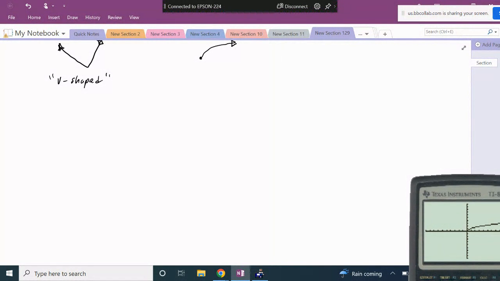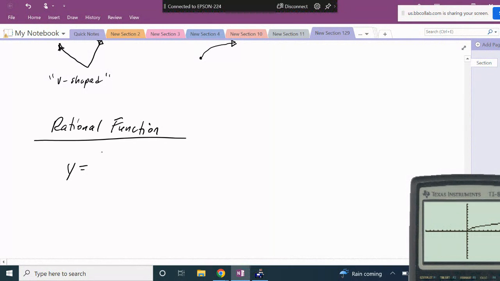All right, we have what's called the rational function, which is y is equal to 1 over x.